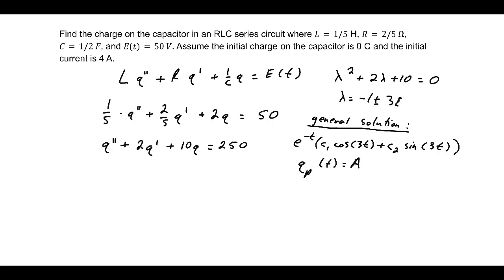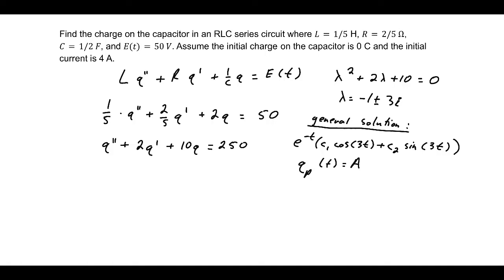Okay. Now, if we substitute that function A into our equation, the second derivative of Q sub P is 0.